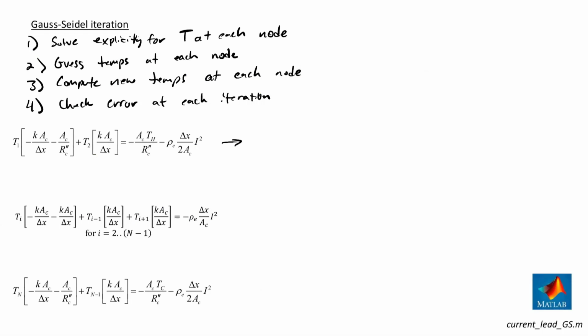Okay, so just write out one example and not do the rest, but T1 here would be what? So we are dividing by negative, so we'll cancel out the negative. We're going to have Ac Th over R double prime c plus rho E times delta x over 2 Ac I squared plus k Ac over delta x times T2.